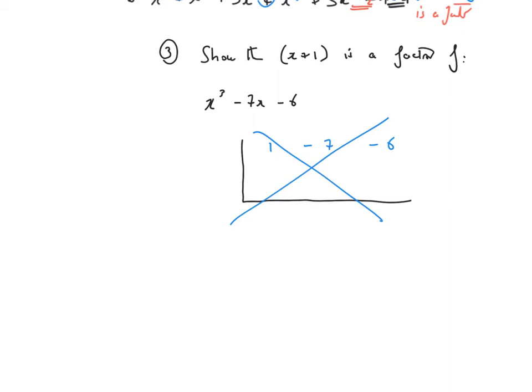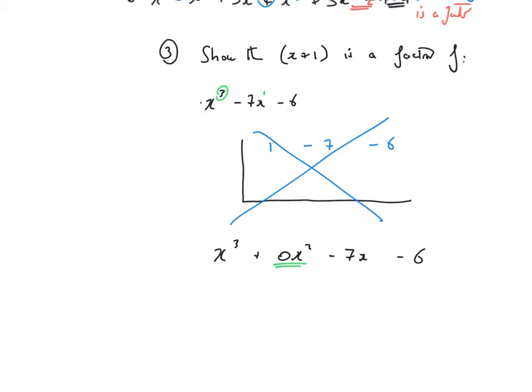Now, what we need to do here is to include 0 coefficients. Now, what does that mean? Well, x cubed minus 7x minus 6 is the same as x cubed plus 0x squared minus 7x minus 6. If I'm going to move between the cubic and the linear bit, there is a quadratic bit in between, and if it's not there, I need to record it as a 0 coefficient.